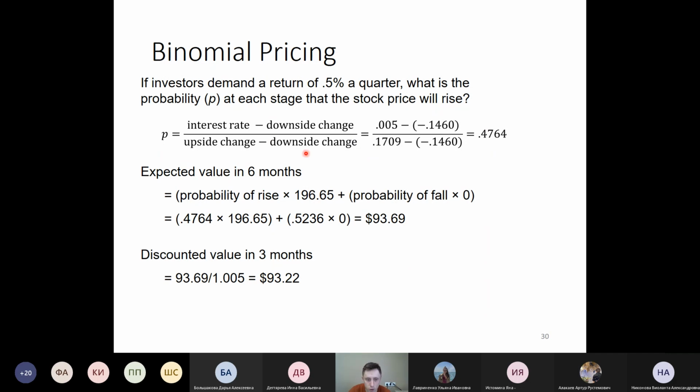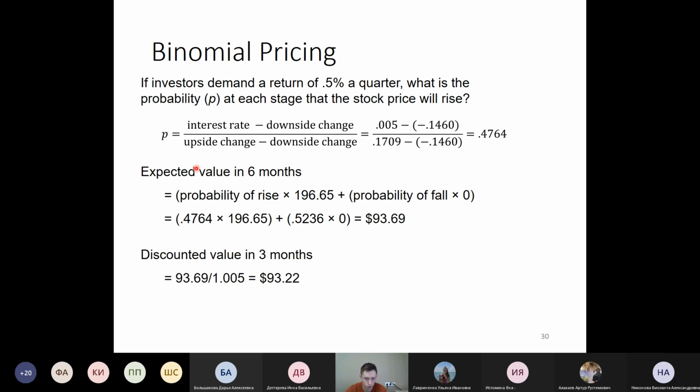We have the interest rate, potential downside or upside changes, and this is how we estimate the probability of the rising of the stock price. The probability of the stock price to go down is 1 minus this probability.